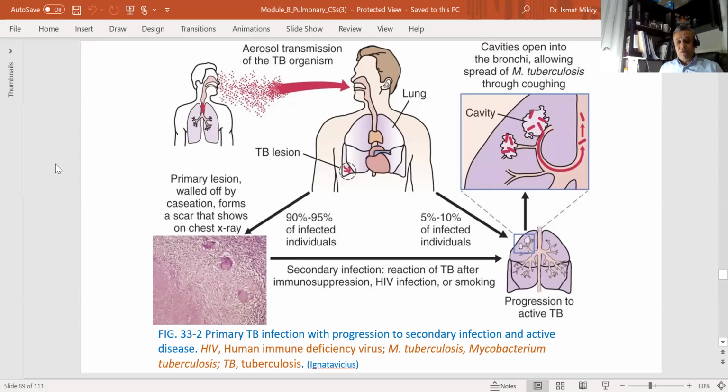In about 5% of individuals, the primary infection will not be walled off, and there will be continued destruction of the lung tissue and spread of the infection to new areas of the lung and other organ systems. When the lesions are dormant, they will still show in the X-ray once the patient is infected with TB, as granulomatous lesions.